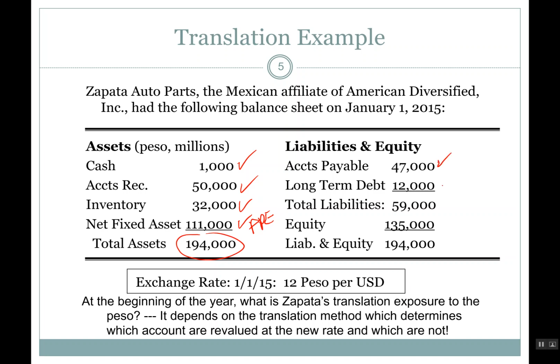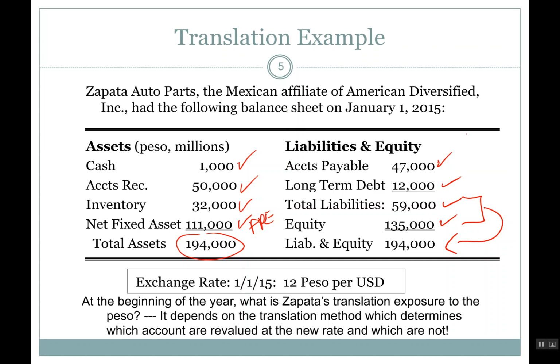They have accounts payable and debt denominated in pesos. That's total liabilities of 59,000 pesos. Equity of 135. 135 plus 59 is their liabilities and equity. All right, so this is the very simplified balance sheet of Zapata Auto Parts, the Mexican affiliate of an American firm.